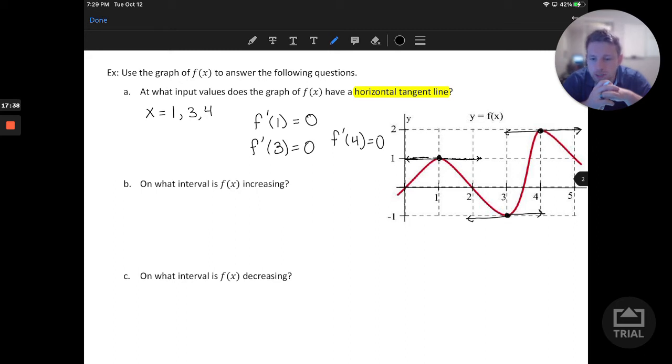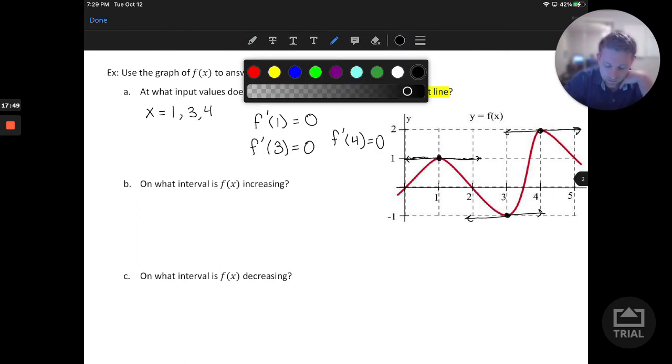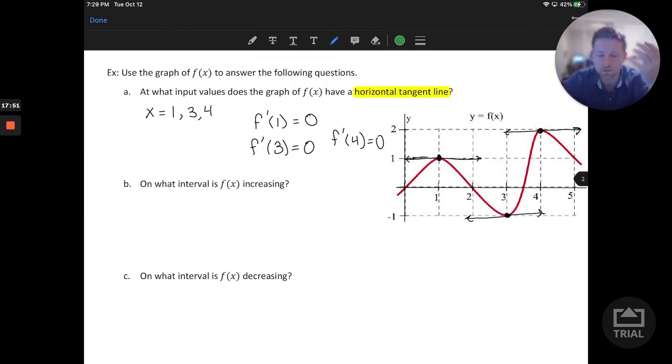We can consider the next item, part B: on what interval is f of x increasing? If I consider where I'm increasing, that's wherever I have a positive slope on my graph, and I'll highlight these in green. It looks like this first segment, from negative infinity up to 1, will be increasing.